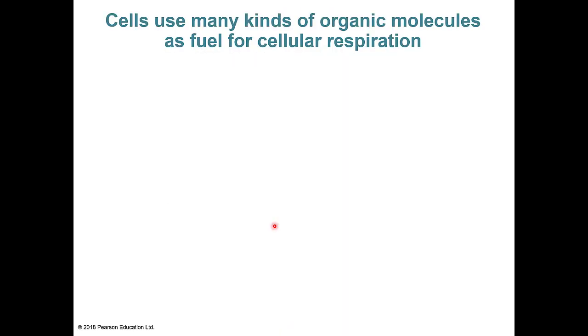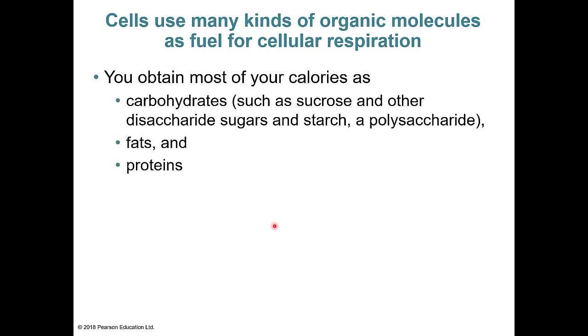Let's take a look at a more simplified view of that and ask about other types of molecules that we can burn for energy. You remember we had the different classes of biological molecules. We talked about carbohydrates, lipids, and proteins. And so we can use carbohydrates other than just glucose to do cellular respiration.